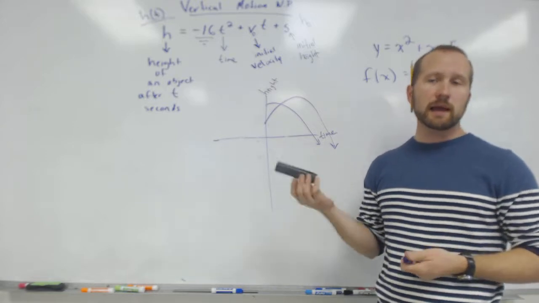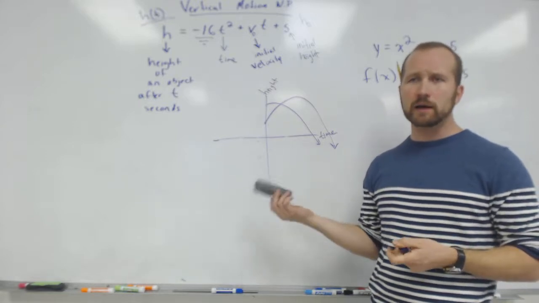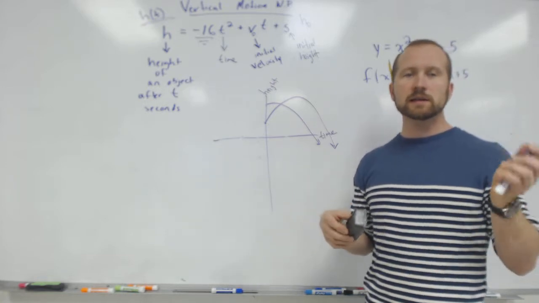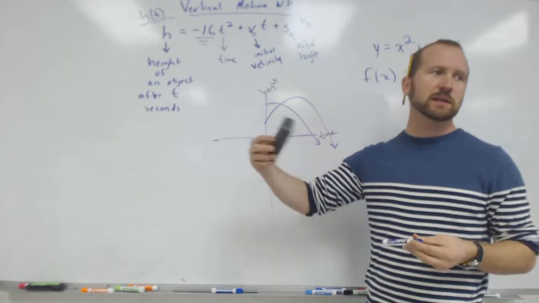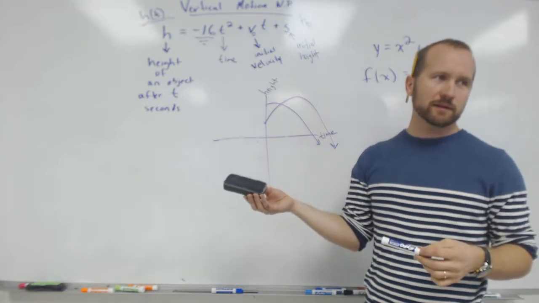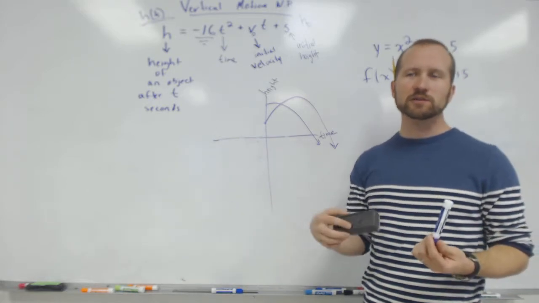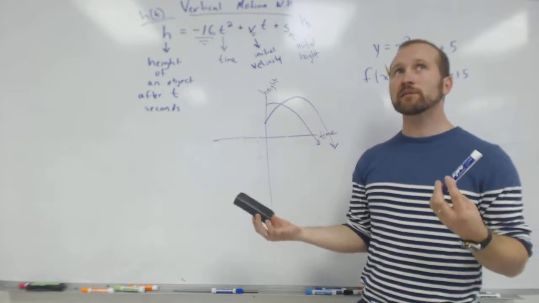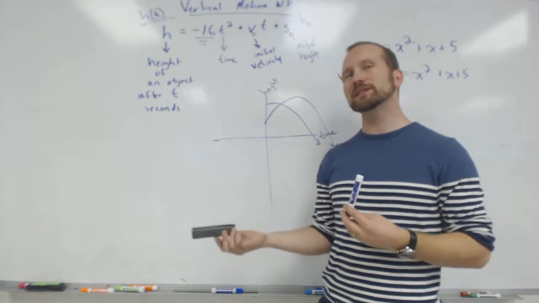If it asks you something like, after how long would the object land back on the ground? And your answers are t equals -4 or t equals 16. Well, we have to think back to the question. After how long? T is time. So after -4 seconds or after 16 seconds?